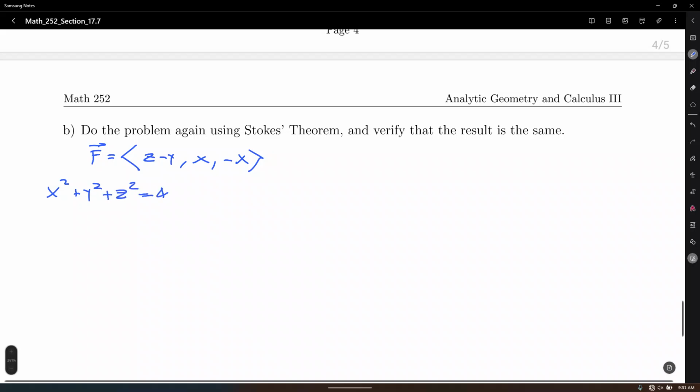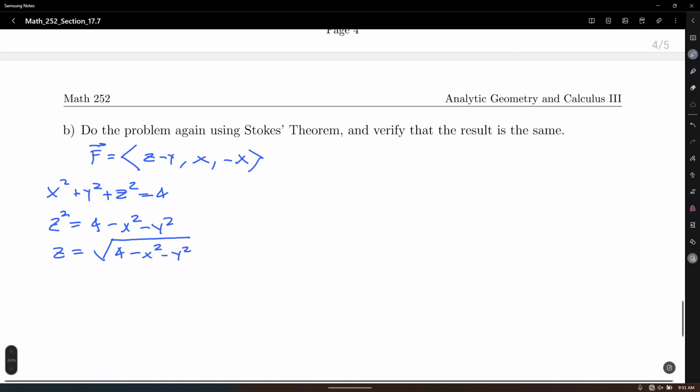So let's solve for the variable z, because for the surface we need a function of x and y as independent variables where z will be the dependent variable. So z squared equals 4 minus x squared minus y squared, and z equals the square root of 4 minus x squared minus y squared.